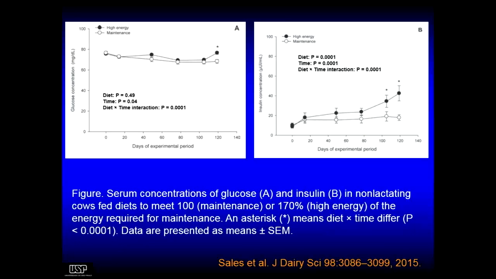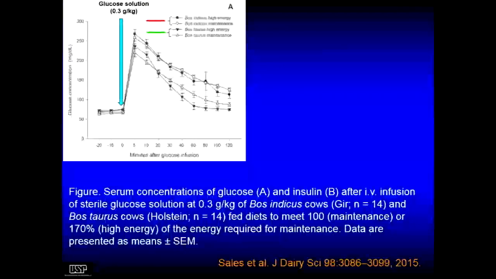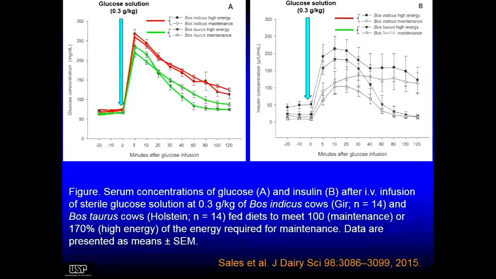We have an interaction. We increase the glucose and we increase the insulin in this animal, of course, using more energy during this time. And when we inject glucose, this is Taurus and Indicus, they have the same profile of blood glucose. This in red is Indicus and in green is Taurus. But look at the insulin again.